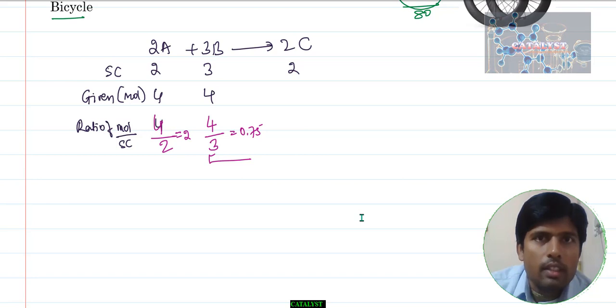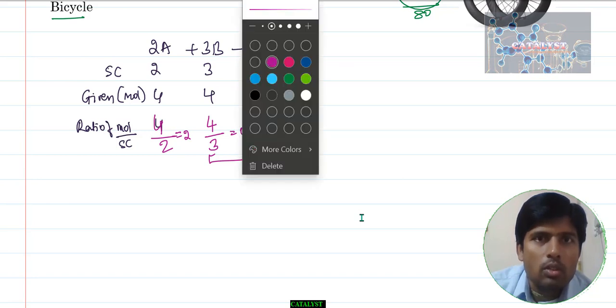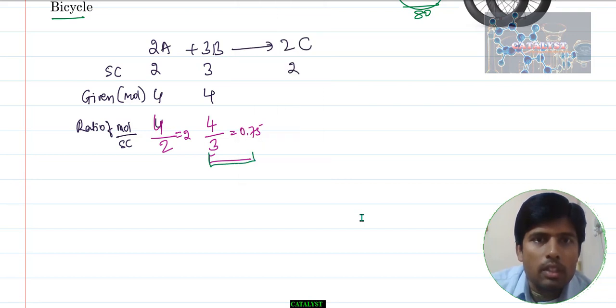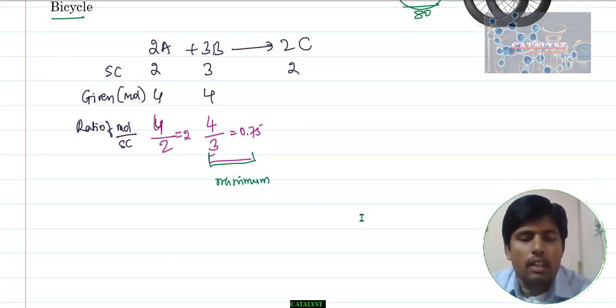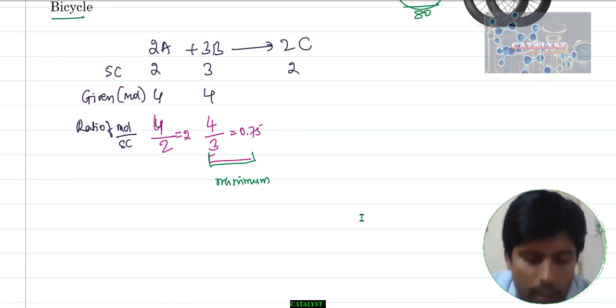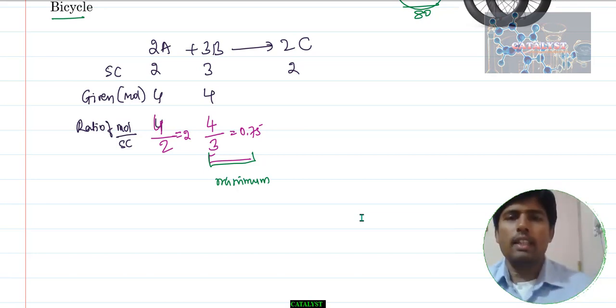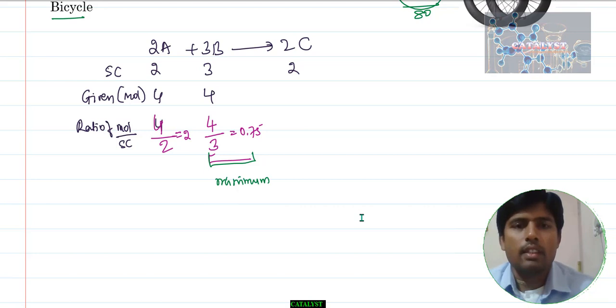So whichever has the minimum ratio, this is the minimum ratio. So when I calculate the ratio like this, whichever has the minimum ratio, that will be the limiting reagent. So it's very clear that this B is the limiting reagent.